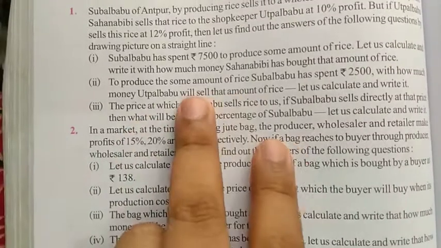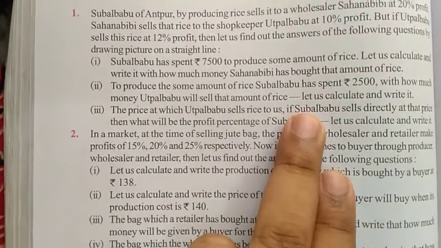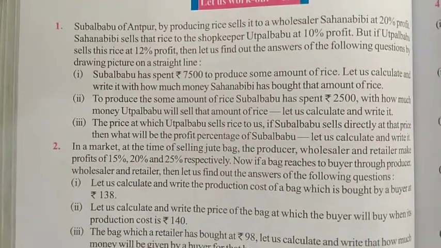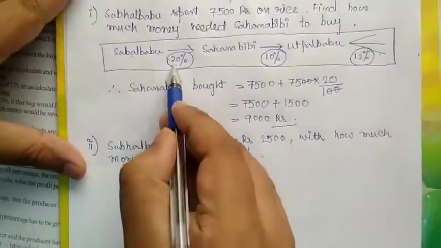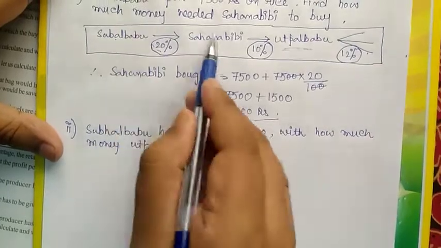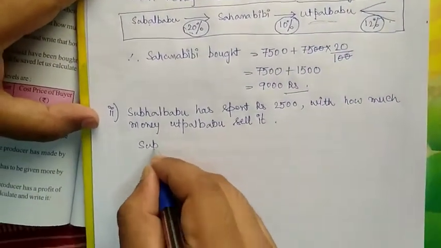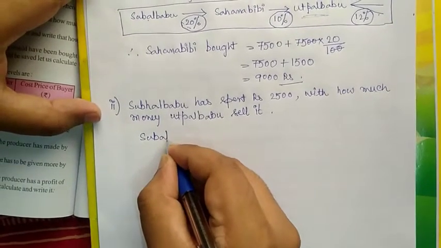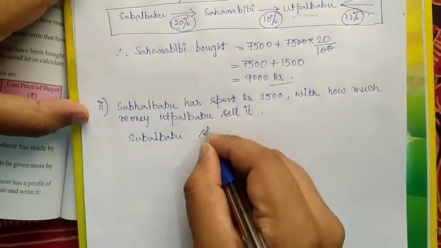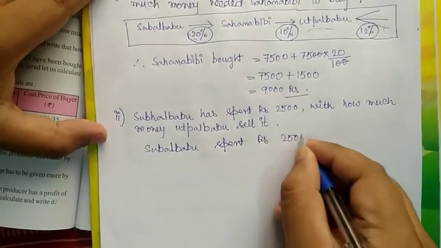This is the second question. To produce this amount of rice, Subol Babu has spent rupees 2500. With how much money will Utpal Babu sell that amount of rice? So first of all, here is Subol Babu and here is Utpal Babu. We have to go from Subol Babu to Shahana Bibi and Shahana Bibi to Utpal Babu. Subol Babu spent rupees 2500.